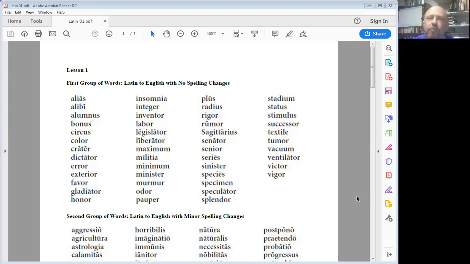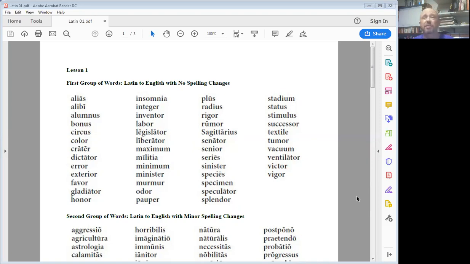The first group of words, as it says, are words that came from Latin to English with no change in spelling, right? No change in spelling. And the pronunciations have changed. The way you say a word in classical or ecclesiastical Latin is often different than the way you would say a word in modern English.